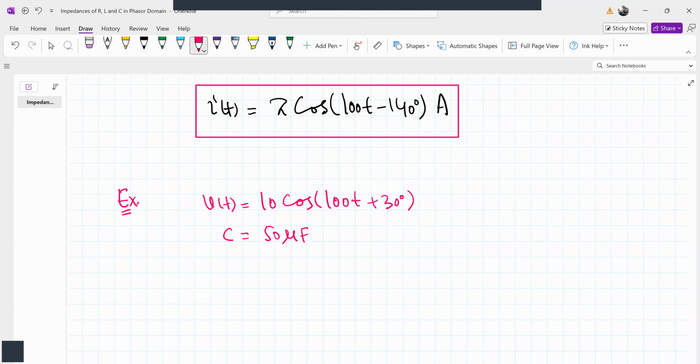Okay. Now we have to find the current I of t. So our goal is to find I of t.